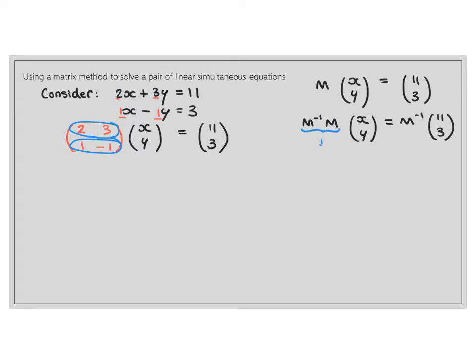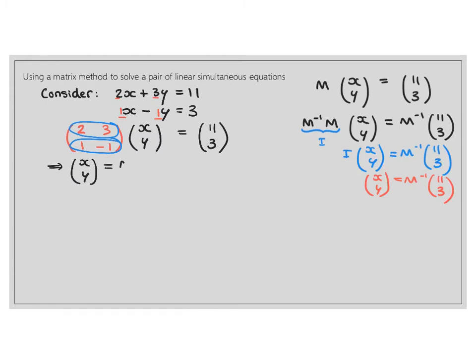It's equal to I. So effectively I have the identity multiplied by xy equals M minus 1 multiplied by 11, 3. But of course, the identity matrix applied to xy is just xy. So this then gives me xy equals M minus 1 applied to 11, 3. So if I can find the inverse matrix, I'm effectively applying it to both sides, and I can then work out what xy is. So xy equals M minus 1 applied to 11, 3.